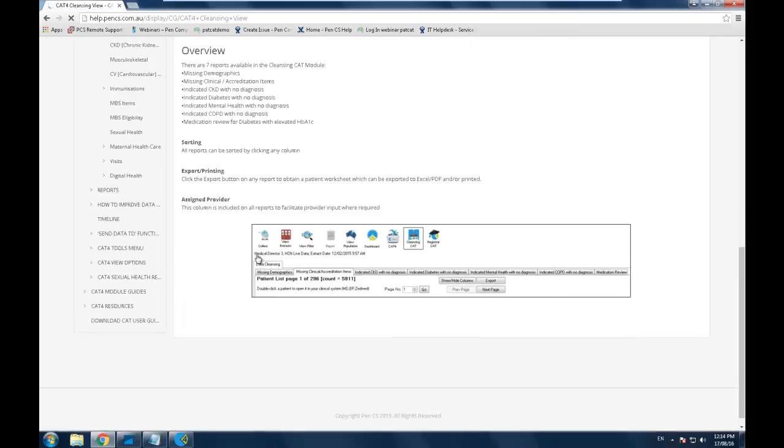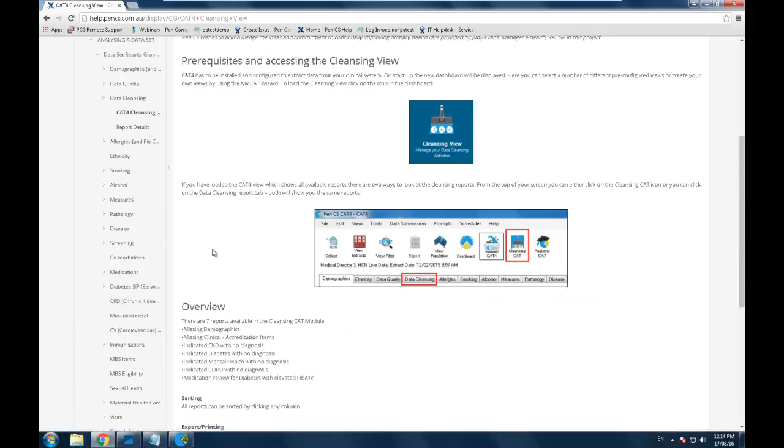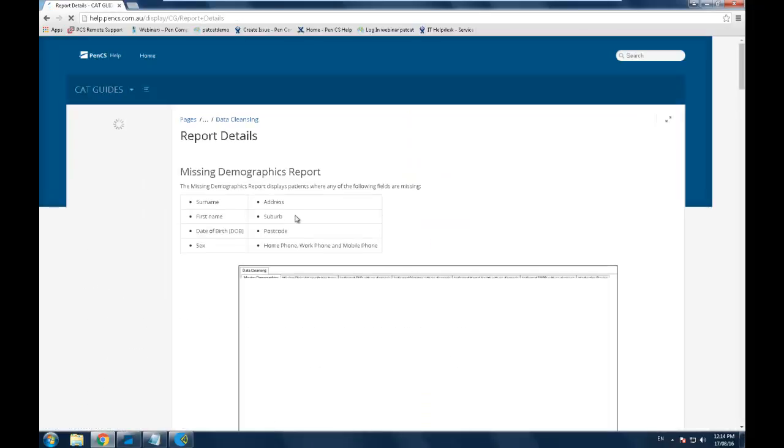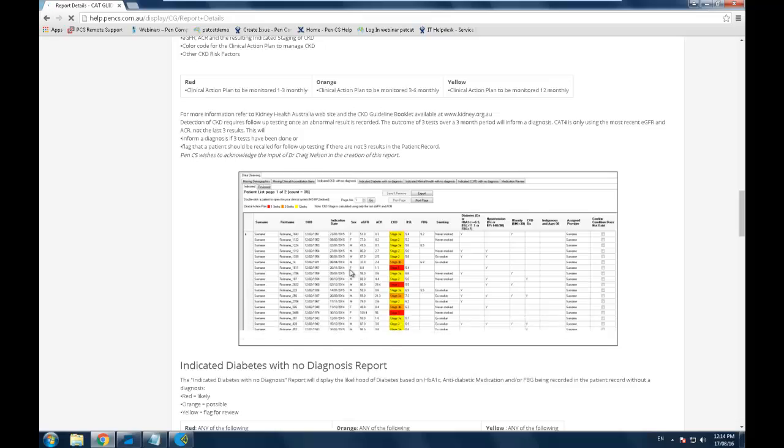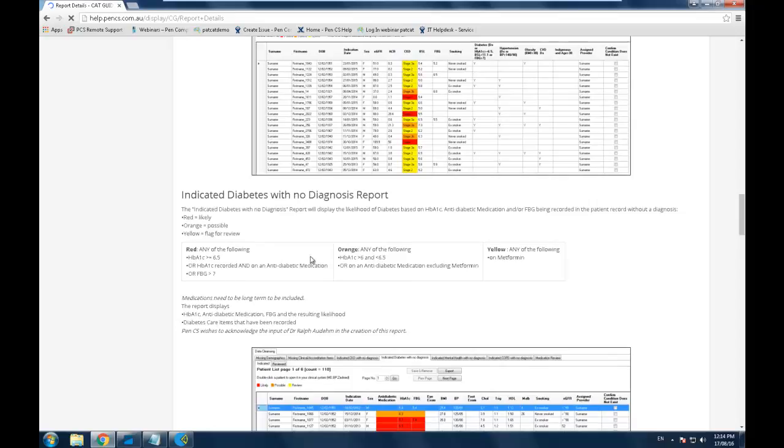Let me just see where the numbers are on the actual pathology we're using under report details. Okay, missing demographics and so on. We know about that one, kidney disease, but this is the diabetes. So these are the results that we're using. And the color, so the red, orange, or yellow, indicates the likelihood from likely over possible to a review, have a look, but we don't think it's very high.